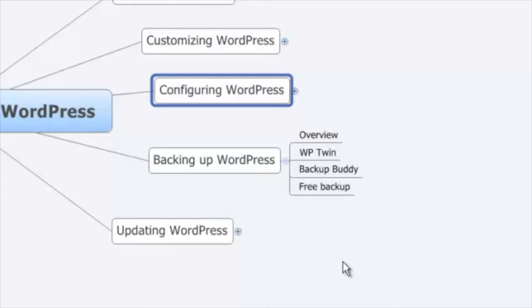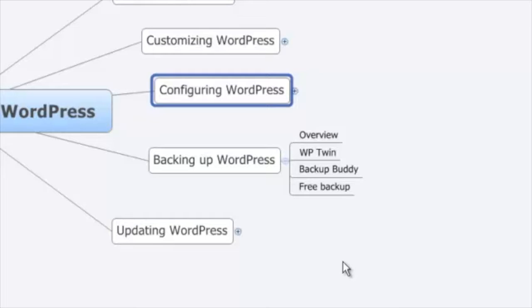WordPress contains files, and it also has a database on the back end. The database contains all of your posts, the data within your posts, within your pages. Any custom plugins you have may store data in a table, which is a part of a database.